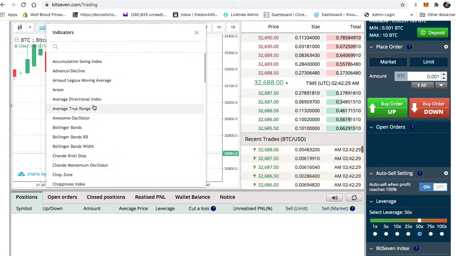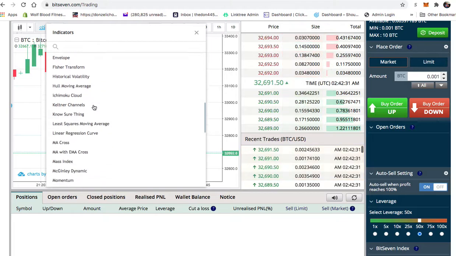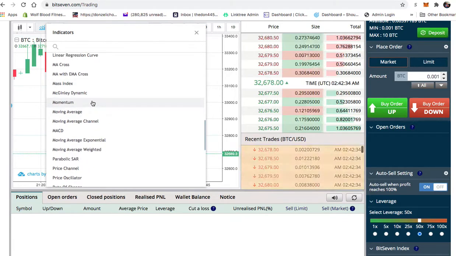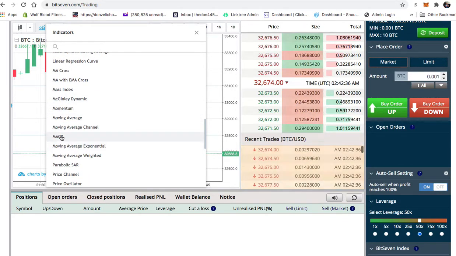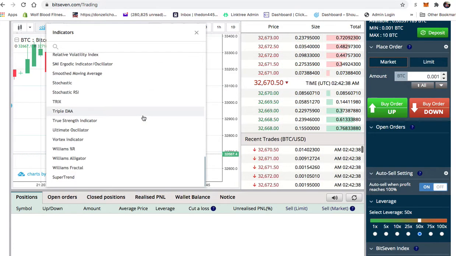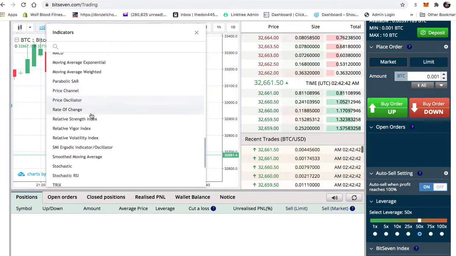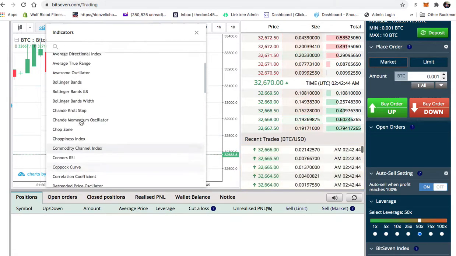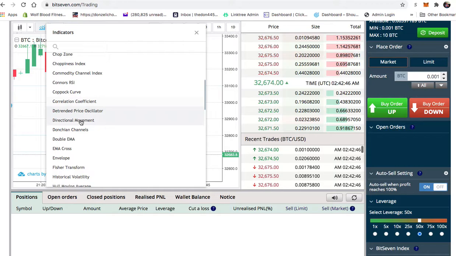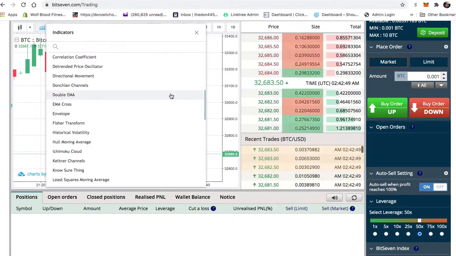There's all kinds of them, and you'll see all kinds of videos on different things. I typically have the MACD on mine, and then the Relative Strength Index. But the first one I'm going to put on here for you is the EMA cross.